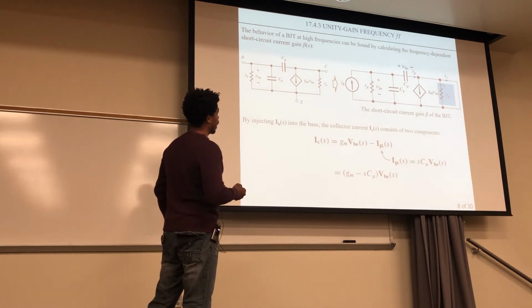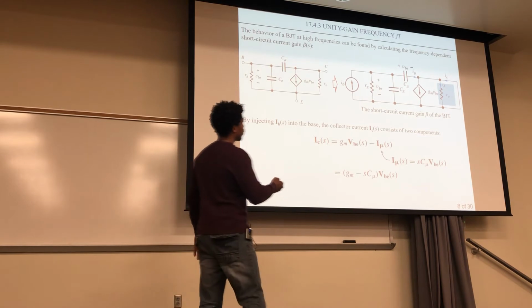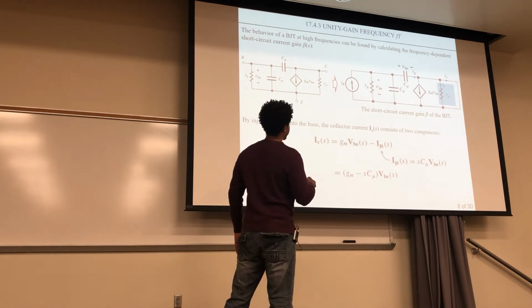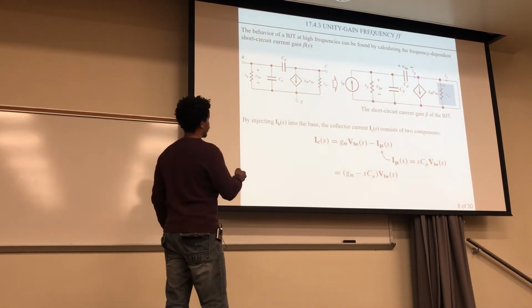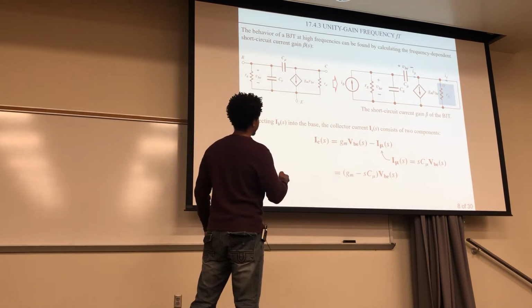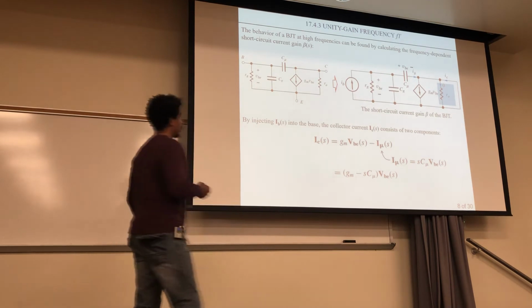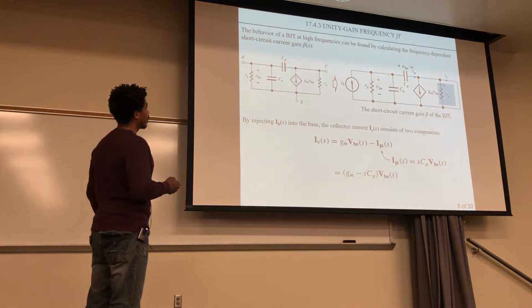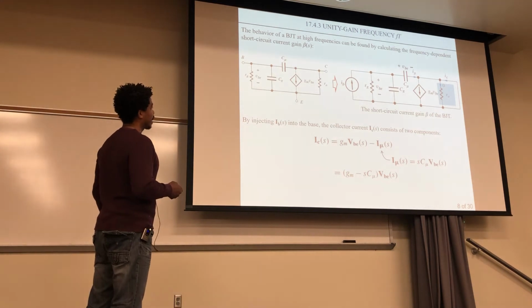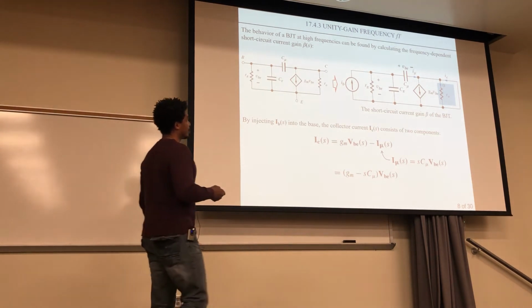This is IC, being applied right here, and we also have this current going in here. By injecting this current IB into the base, the collector current IC consists of two components: this component right here, and also this component I mu.